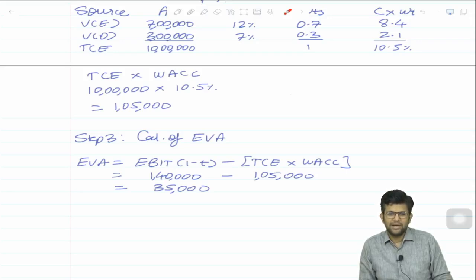Do you understand it? You don't tax EBIT, you tax EBT. Tax rate is applied on EBT, you don't tax EBIT. Correct? And because of that, if you tax EBT, then after taxing EBT, what you get is NPAT.